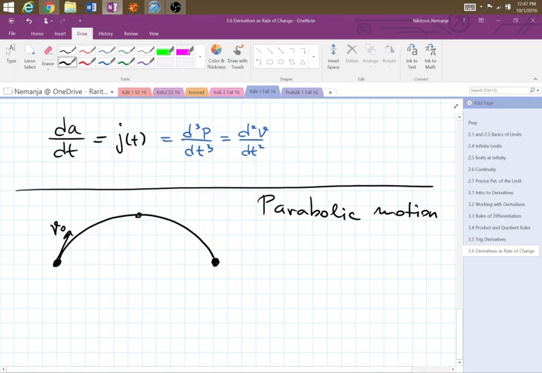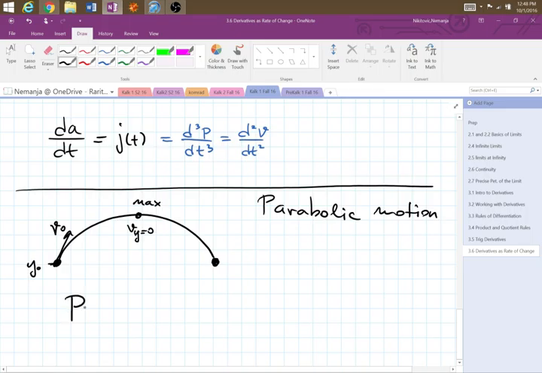There's going to be a max height at the vertex. At that position, velocity in y direction is going to be equal to 0. There's a lot of cool stuff happening there. You are going to start on y0 elevation.